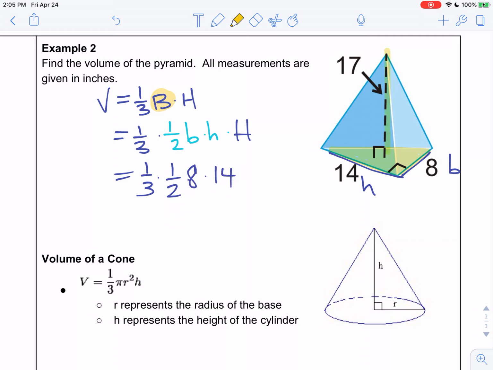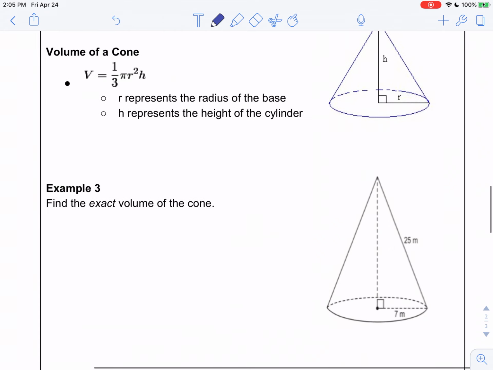Big H is going to be this 17. So we have 1/3 times 1/2 times 8 times 14 times 17, and we end up with approximately 317.3 cubic inches.